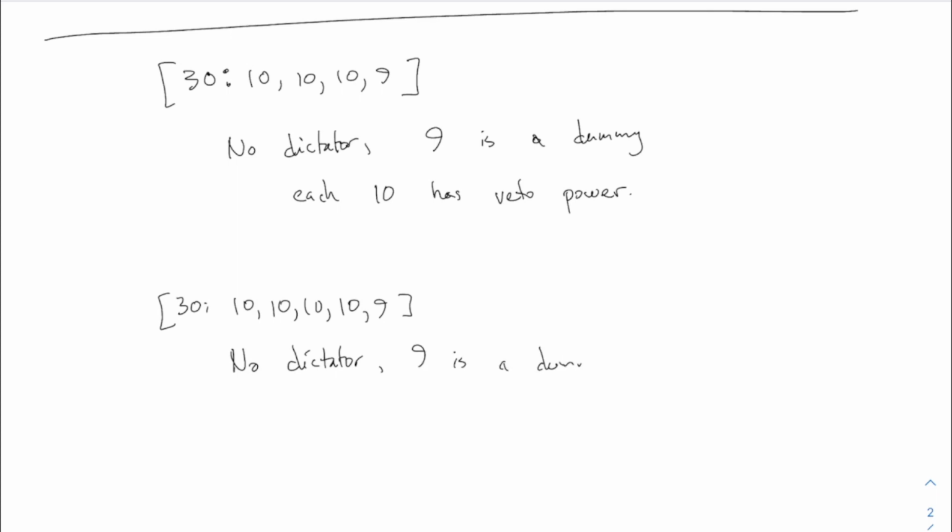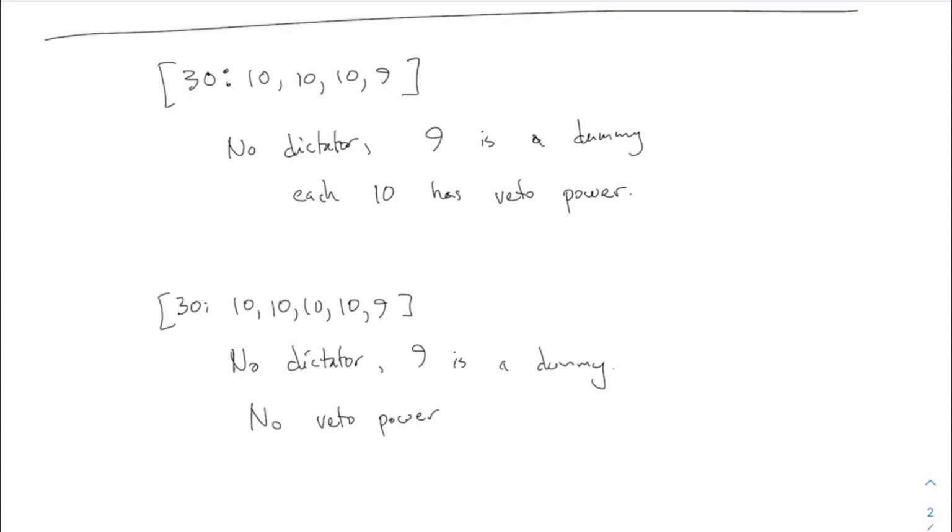What about the veto power? The question that you ask yourself, as before, is this 10 right here necessary to make it to 30? I would say no, because you can use the other 10s to make it to 30. Technically, none of them have veto power. That's right. So in this case, there is no veto power.